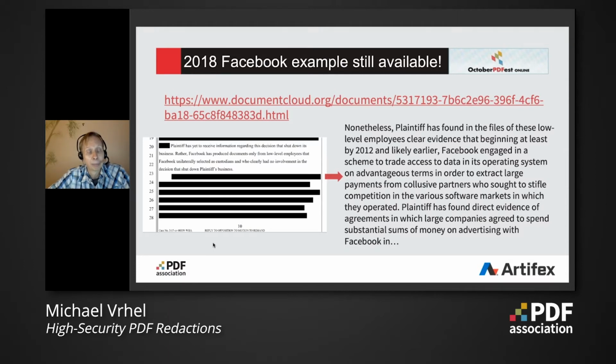And I went ahead and selected those blacked out regions and copied them and pasted them into just a text editor, and you can see the content that was present in the document, which is that Facebook was engaged in a scheme to trade access to data to extract large sums of payments from their partners. Not the kind of stuff that you really want to have out there.